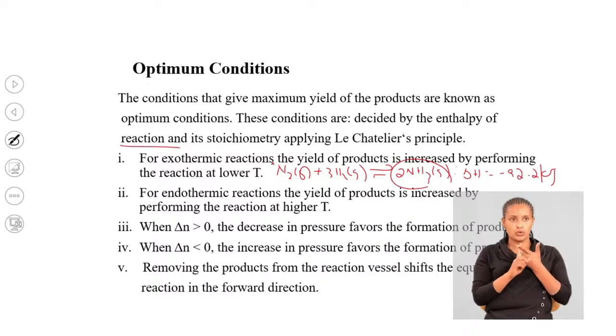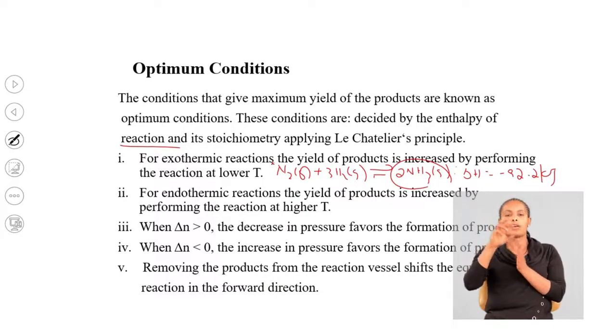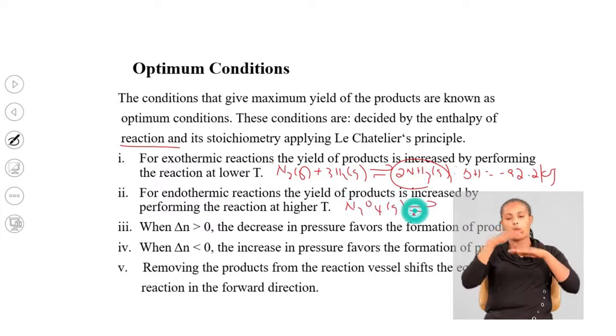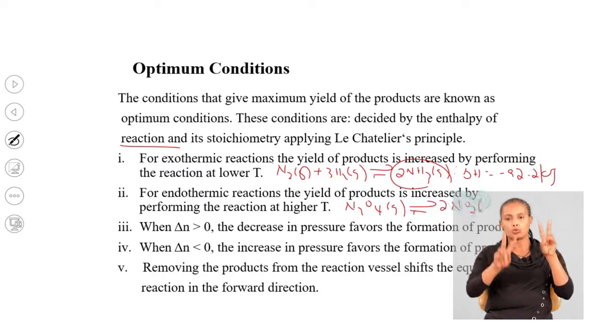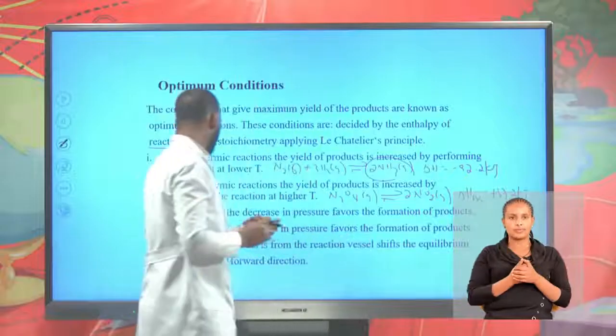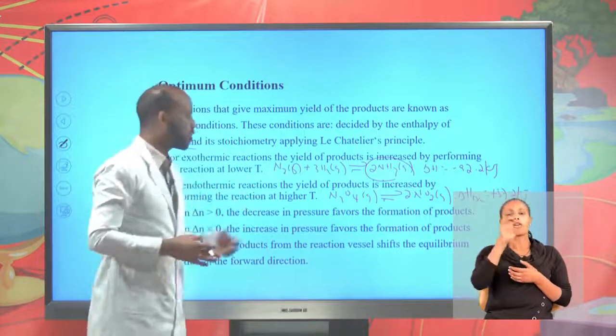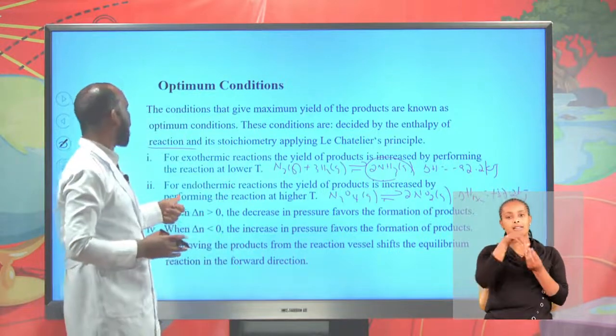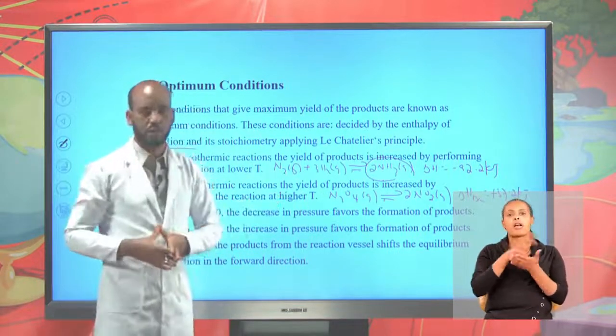Two. For an endothermic reaction, again take one example: N2O4 gas in equilibrium with 2NO2 gas, where delta H of the reaction equals plus 57.2 kilojoules. For an endothermic reaction, the yield of product is increased by performing the reaction at higher temperature.